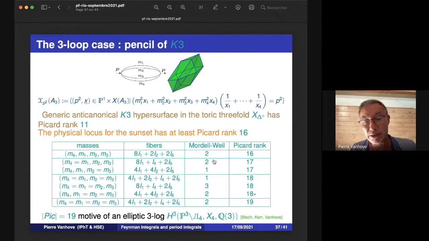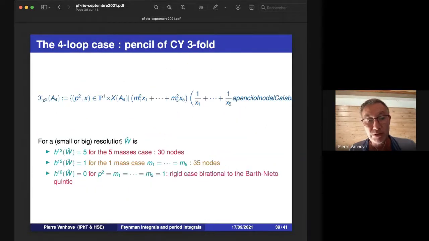In the same way that here the Picard rank changed when you specify the parameters, the number of nodes changes, and then of course the Hodge numbers change accordingly.